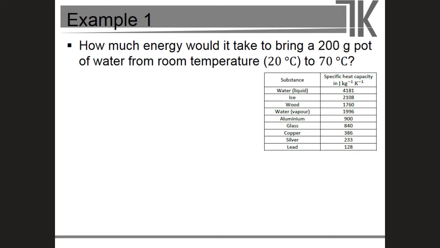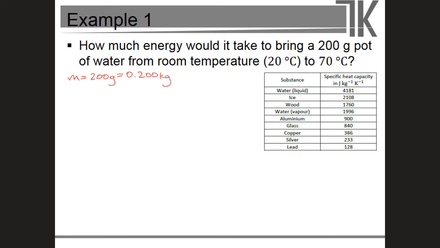Right, so the first thing that I like to do is to write out what I know, because especially with thermodynamics, there can be loads of different numbers. And as we write them out, we try to do the conversions as well, so we don't get thrown off by those. So we read through it and it says, how much energy would it take to bring a 200 gram pot? We have got a mass of 200 grams, but I don't want grams, I want kilograms.